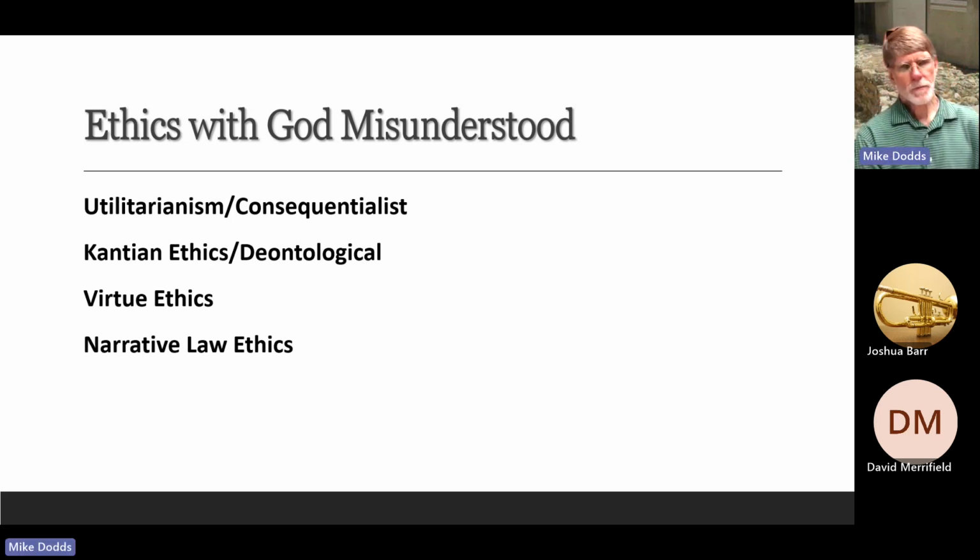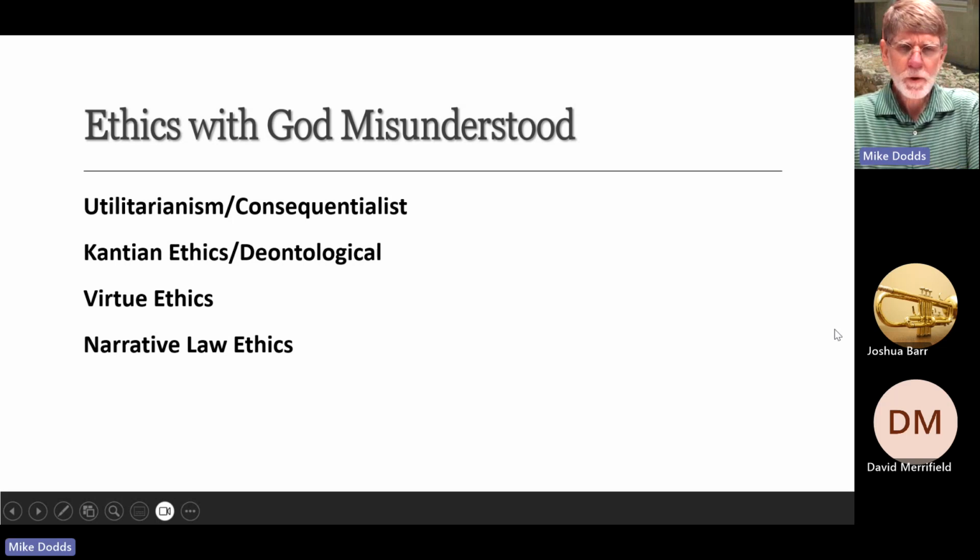And notice the different categories our author in the textbook covers: bumper sticker ethics, utilitarianism or consequentialism, Kantian ethics, deontological, virtue ethics, and then narrative law ethics. That last one's sort of an interesting one, not very prominent, but as you're going to see from the textbook.